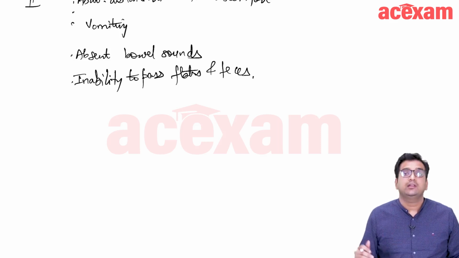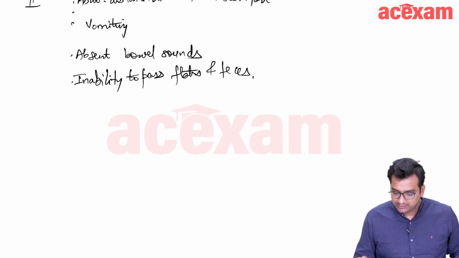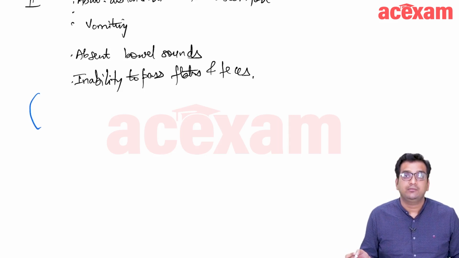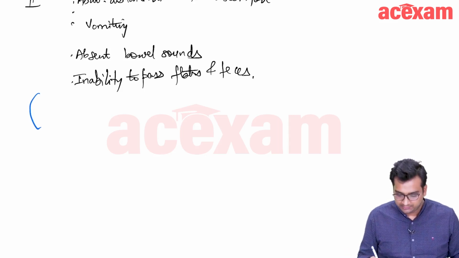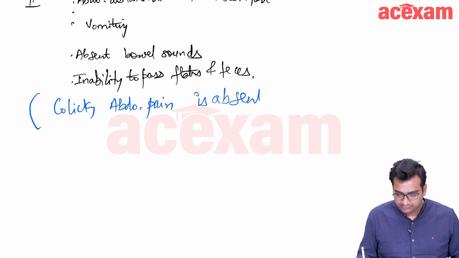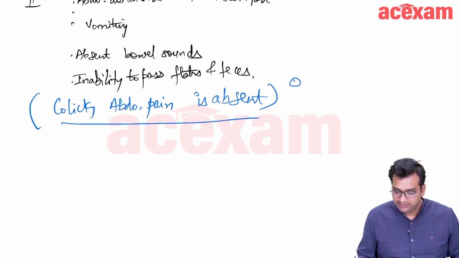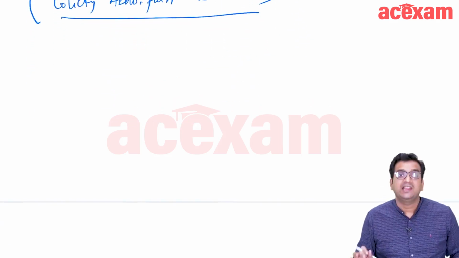Almost all the features are of intestinal obstruction, but one feature which is not there, which is the characteristic distinguishing feature from intestinal obstruction, is the colicky pain. Colicky abdominal pain is absent. So this is very important to remember that colicky abdominal pain is absent in paralytic ileus.